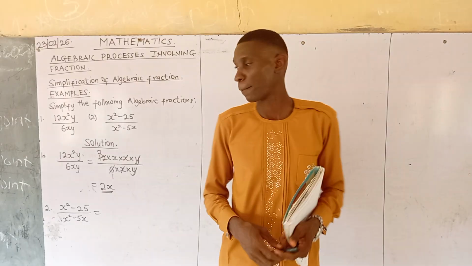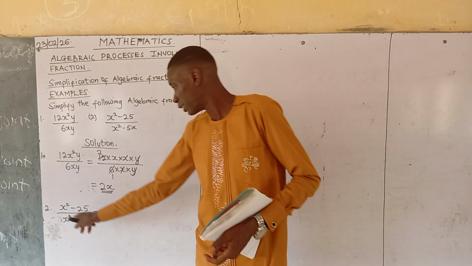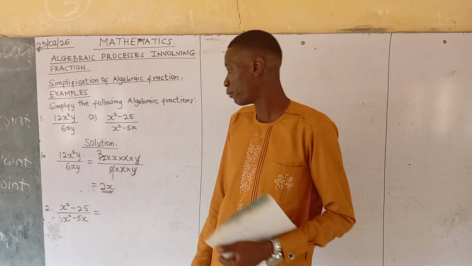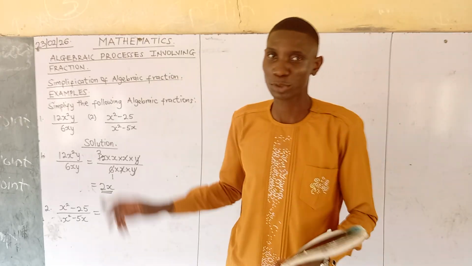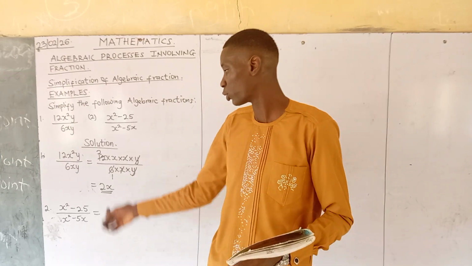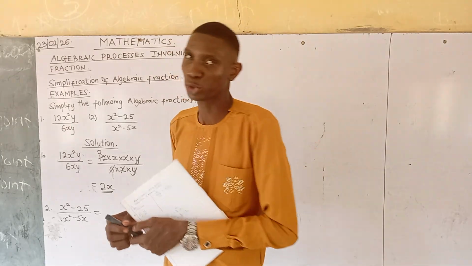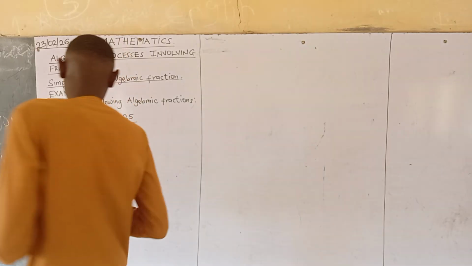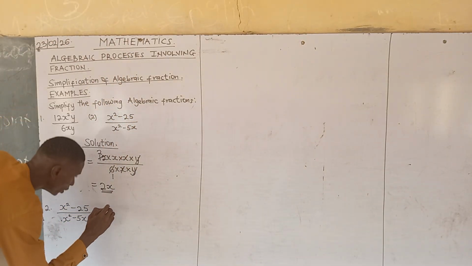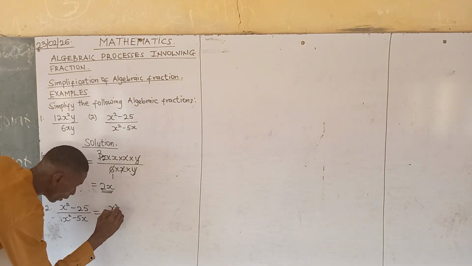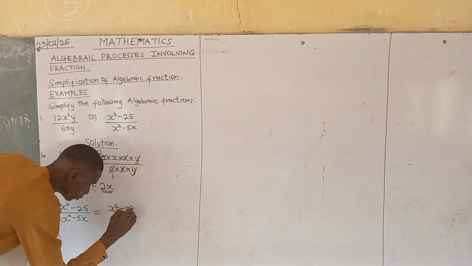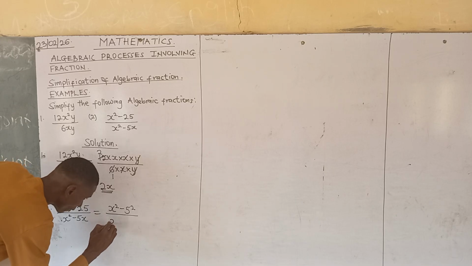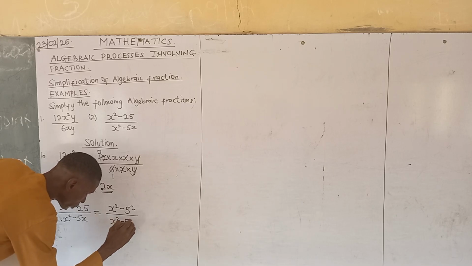Difference of two squares. As you can see on the board, this is a perfect square, and this is another perfect square. So change your 25 to a perfect square, then you are going to have a clear picture of what you are solving. This will give you x squared minus 5 raised to power 2 all over x squared minus 5x.